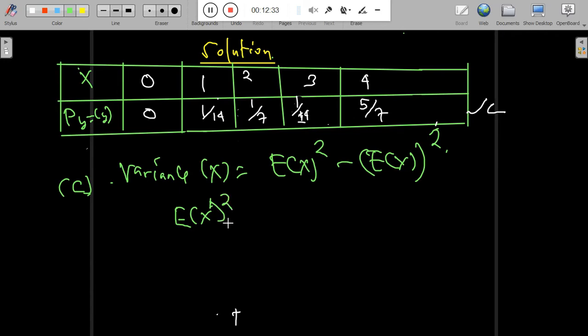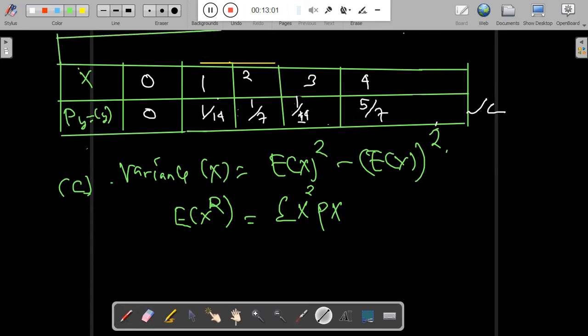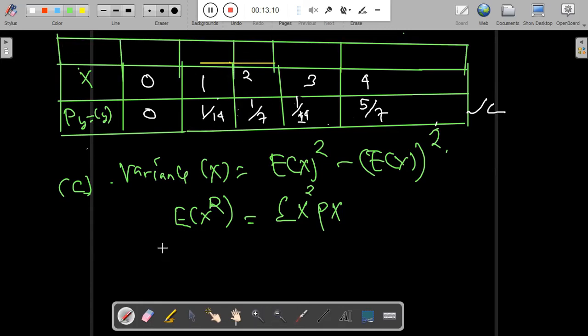So we need to find the expectation of x squared, that is given by the summation of x squared times probability of x. Let's find it by developing a new table for x squared: 0 times 0 is 0, 1 times 1 is 1, 2 times 2 is 4, 3 times 3 is 9, and 4 times 4 is 16.